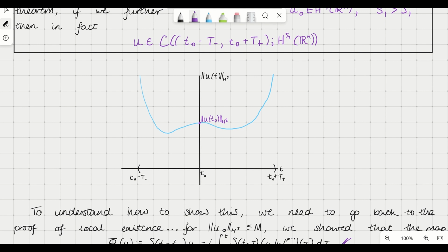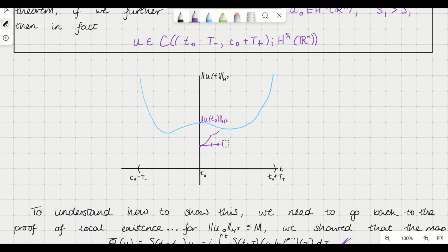We might start in HS1 and be able to extend it for some time depending on the size in HS1. But by the time we've reached this endpoint, we may have grown in HS1, so we can only extend it for a shorter time now. And then we might have grown some more, so we can only extend it for a shorter time in HS1, and so on. We might bunch up and reach some endpoint and never cover the whole interval that we want to.